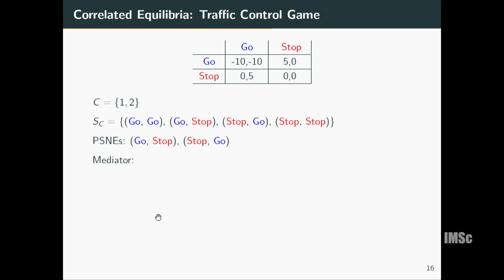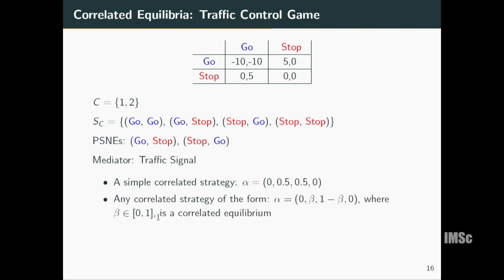If there are these 2 PSNEs, one person is getting 0, the other person is getting 5, then you can't just go and stick to one PSNE, right. So, in such cases, the role of the mediator or the correlated strategy helps, and this is what happens in the traffic signal. A simple correlated strategy will be 0.5, 0.5.